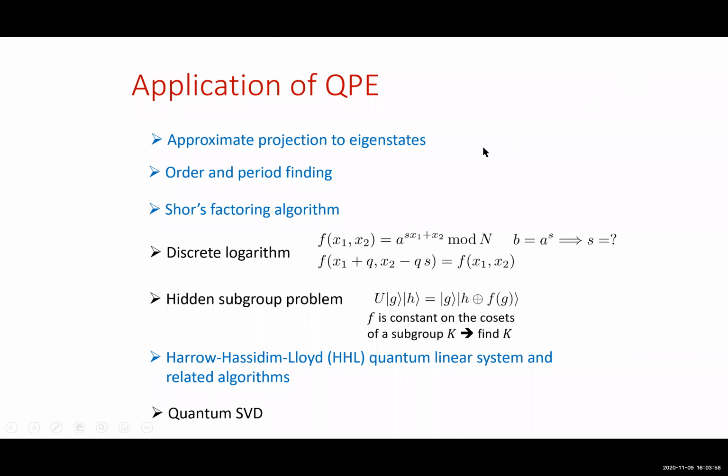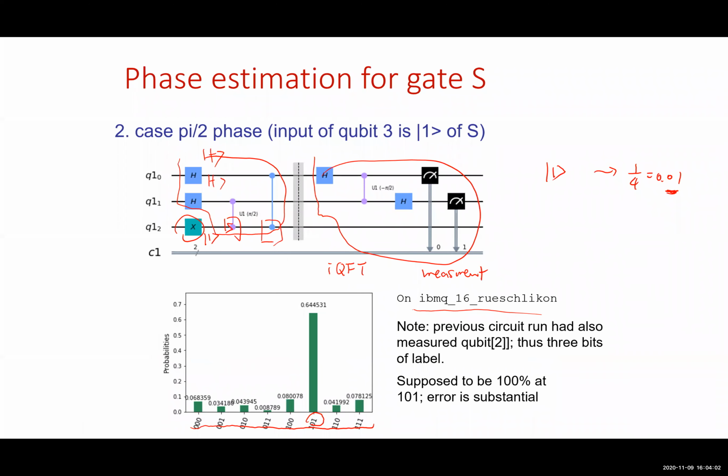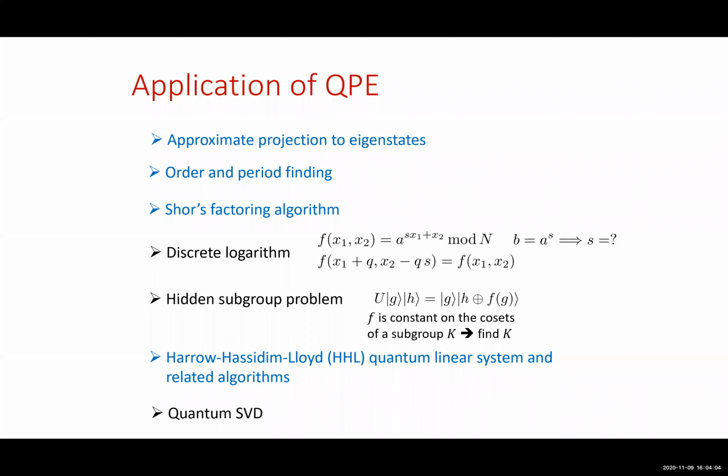If the input state is not an eigenstate, what will phase estimation yield? Yeah, we're going to talk about that. But the upshot is that it will project to an eigenstate. You will read out some phase information related to the eigenvalue, and then project approximately to that eigenstate.